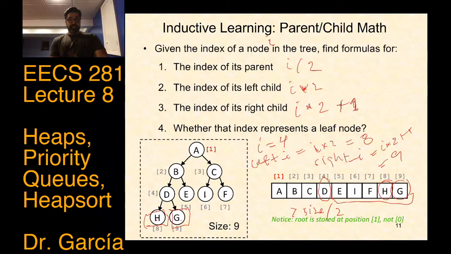And indeed, if I did 9 divided by 2, integer math gives me the right index to know where the leaves are. So anything greater than 4 is a leaf in terms of indices. Cool. Any questions about the math for binary heaps?